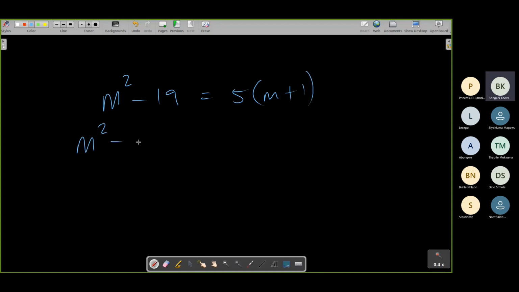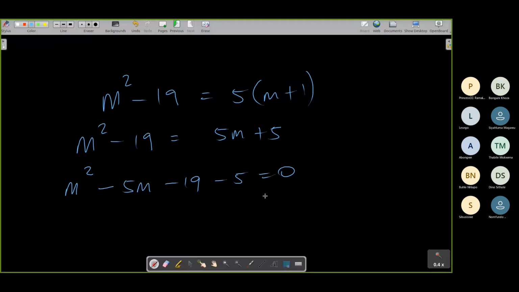So this will be m squared minus 19, and this will be 5m plus 5. Remember, we are trying to take everything to one side, since this is not a linear equation because we have a degree of 2. So this would be m squared minus 5m minus 19 minus 5 equals 0. Are we okay here? 5m, and then this, I think it's minus 24?